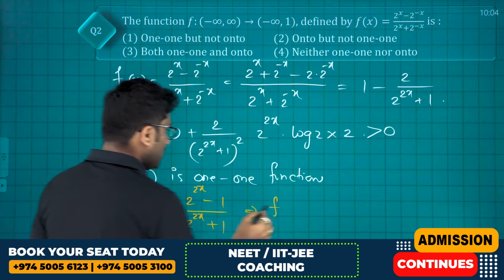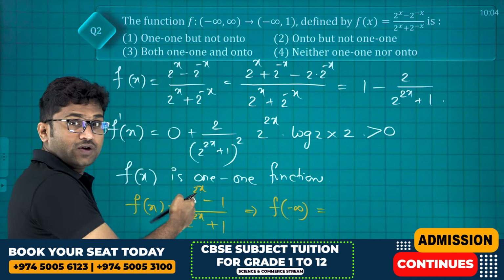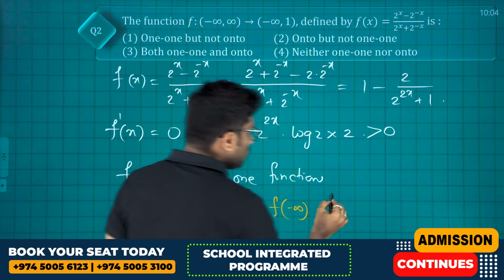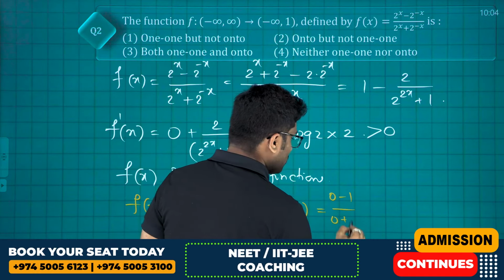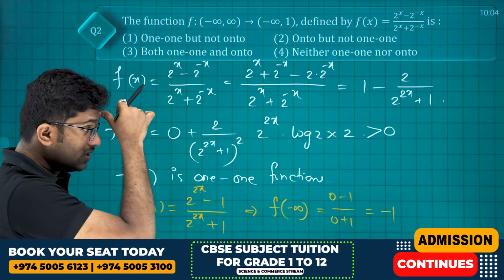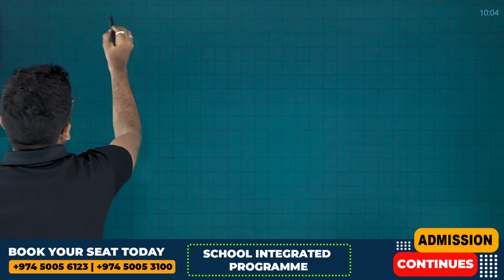So if you put x equals minus infinity, 2 power minus infinity, that is 1 by 2 power infinity, 1 by infinity which is 0. So 0 minus 1 by 0 plus 1 is equal to minus 1. So f of minus infinity is minus 1. Now in the same way, what about f of infinity?